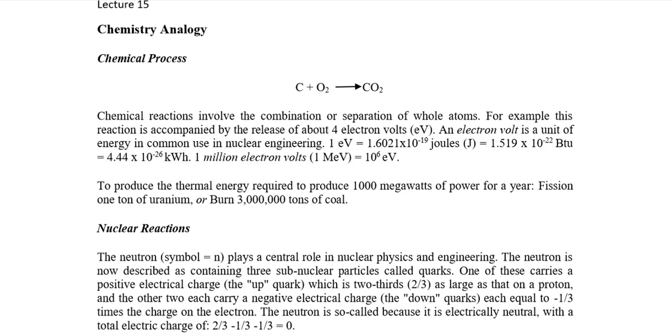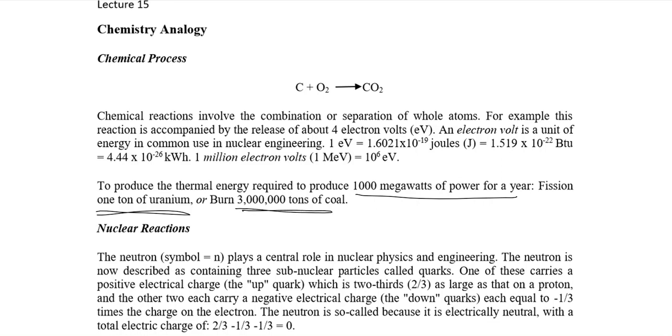Now comparing that case with nuclear energy, to produce 1,000 megawatt power for the whole year, a fission nuclear power plant would take around 1 ton of uranium, while a thermal power plant utilizing coal would take 3 million tons of coal.